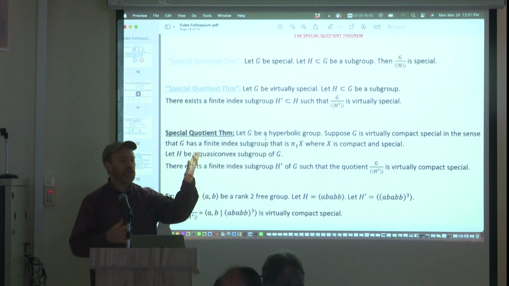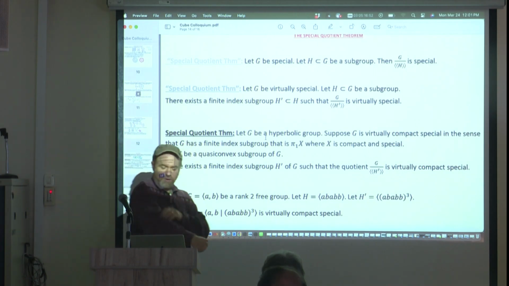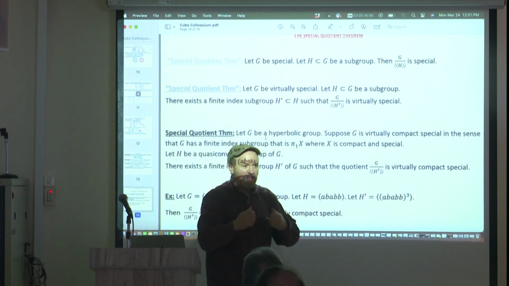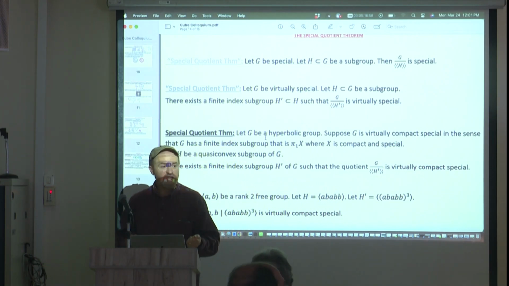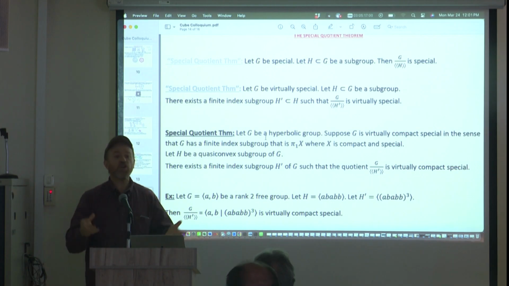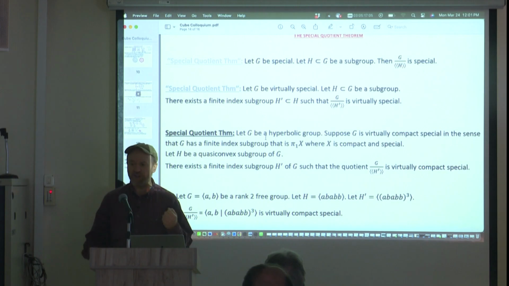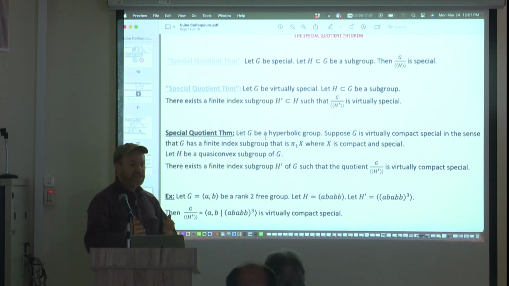So if your group is special and there's a subgroup that you don't like, you can crush the subgroup, and then the resulting quotient is again virtually special. And that is a strange kind of Dehn filling theorem in this category, which is very powerful.